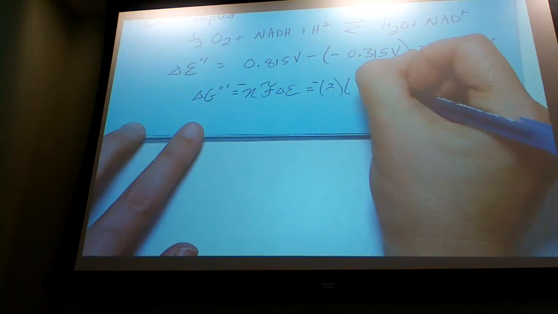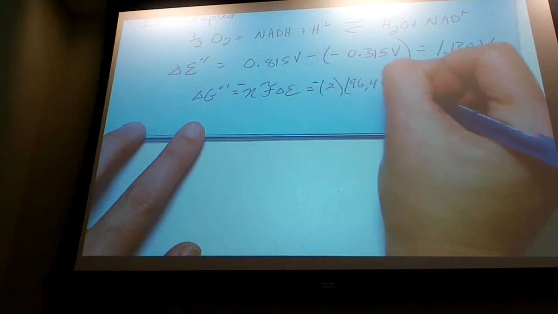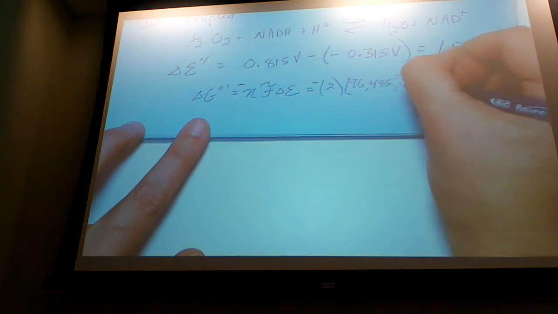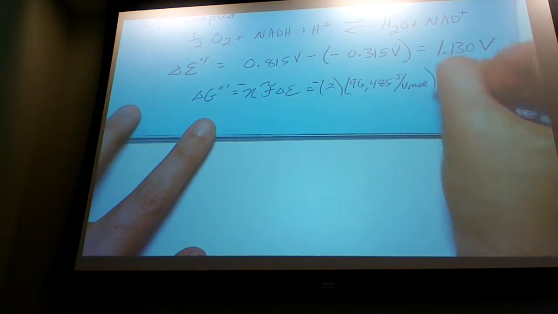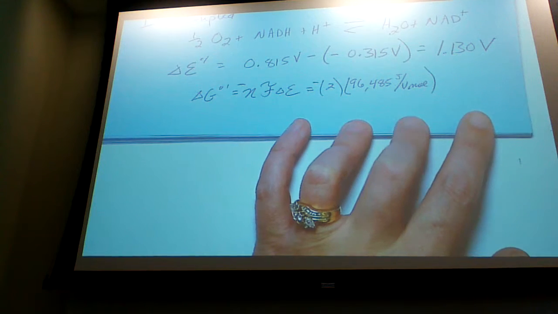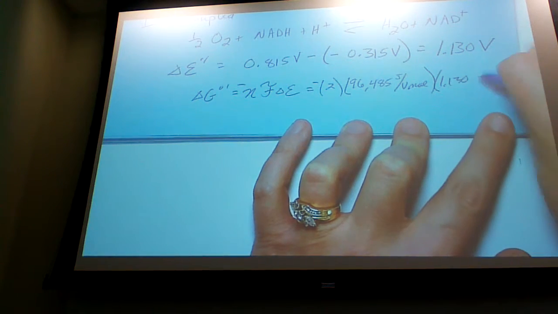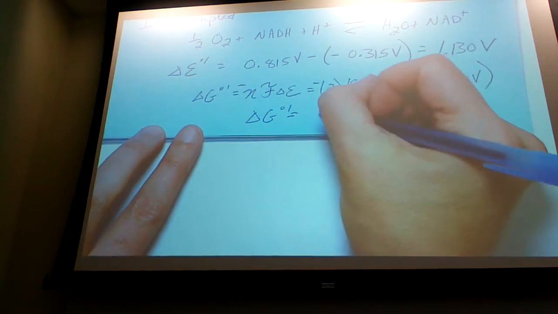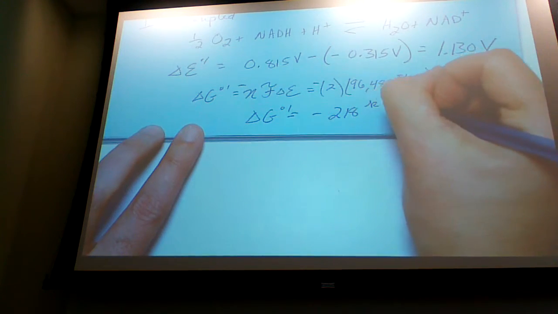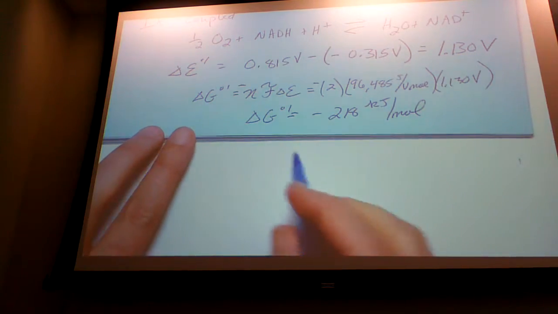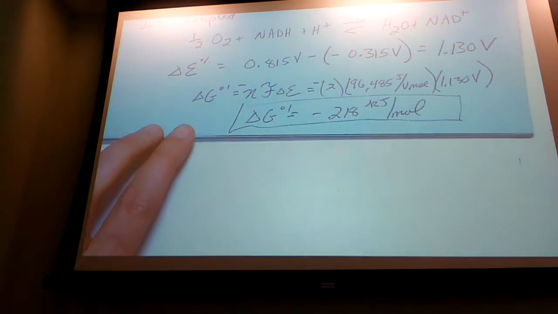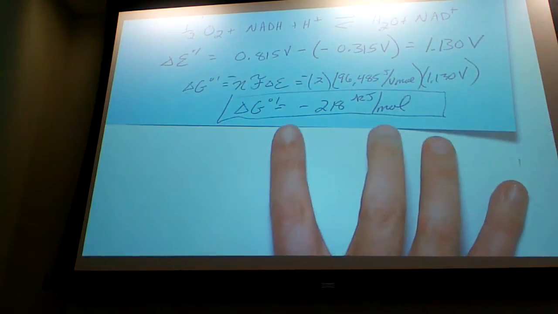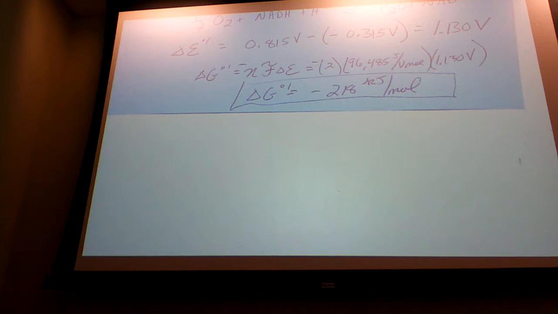And F is 96,485 joules per volt per mole, and then my E was the 1.130 volts. And so my standard free energy change here is a whopping negative 218 kilojoules per mole. That's how much free energy I'm going to get if I move those two measly electrons from one NADH to oxygen.